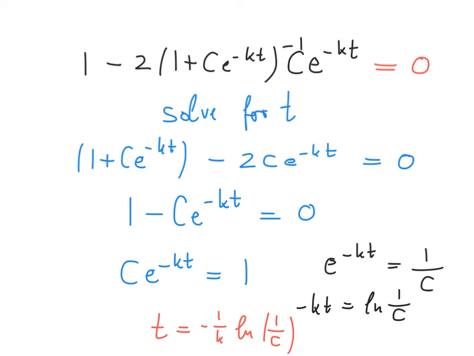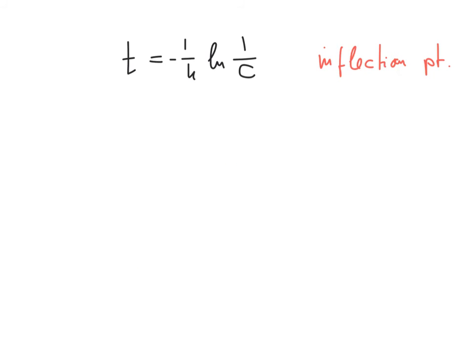So in fact, we found the zero of the second derivative. Right? So this is now the zero of the second derivative, and indeed an inflection point occurs there. So once again, our inflection point occurs at this time t, minus 1 over k times ln 1 over c.